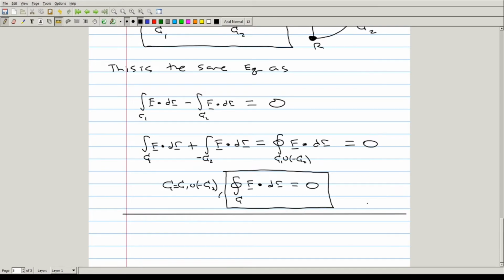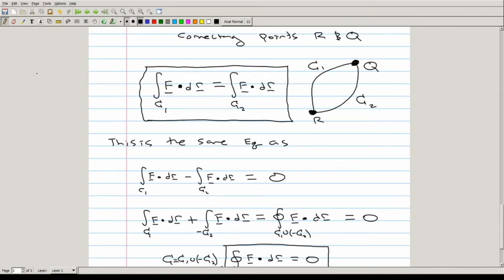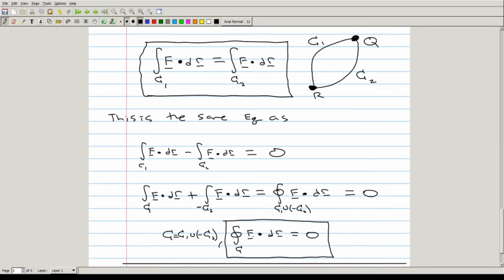So this statement that we've just shown is that if the line integral of a function f is path independent, then the line integral along any two curves has to be equal, which means that the line integral over the closed curve that you get by traversing the first curve once, in this direction, and then traversing the second curve in the negative direction.